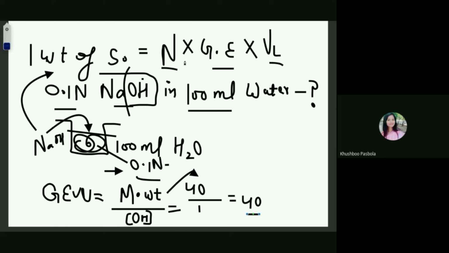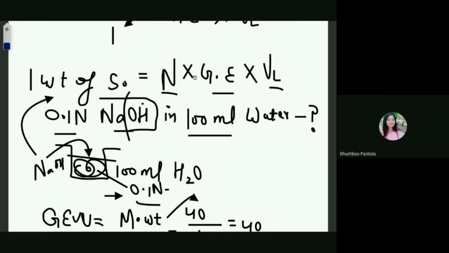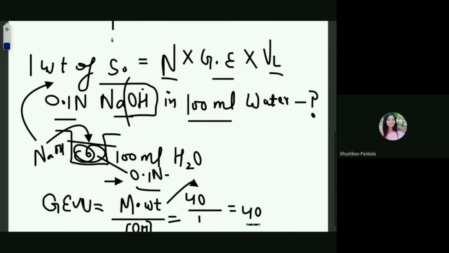Now just put the values in this formula and you can easily calculate the weight of NaOH. What is the normality of the solution I am going to prepare? 0.1.